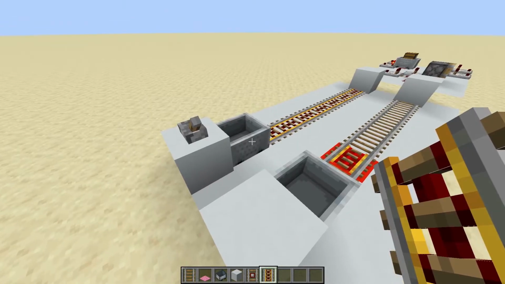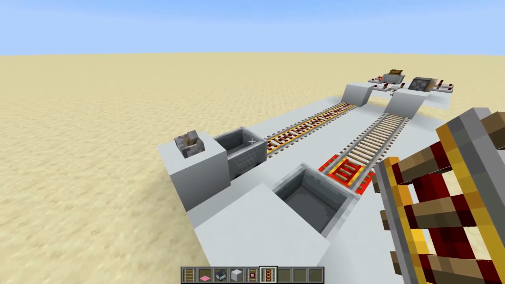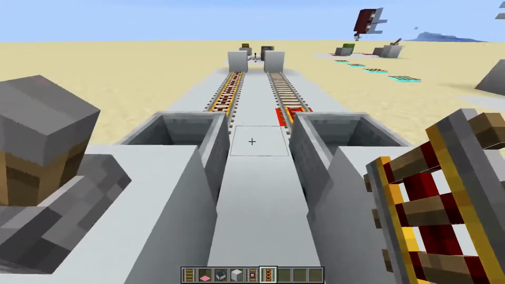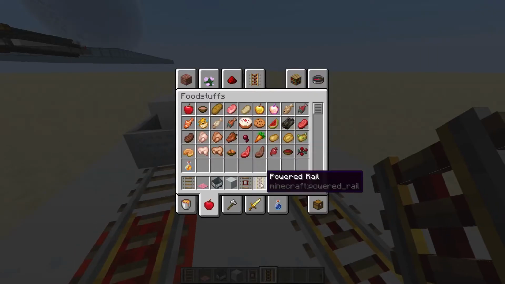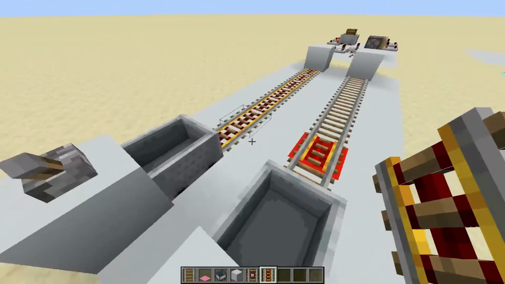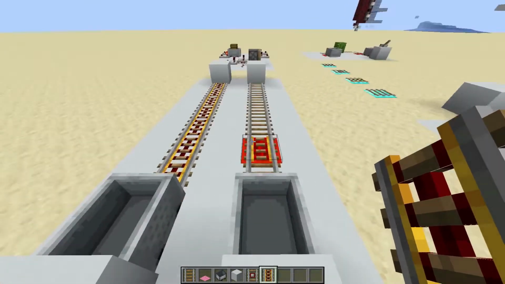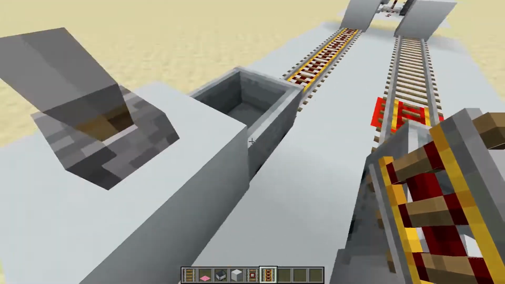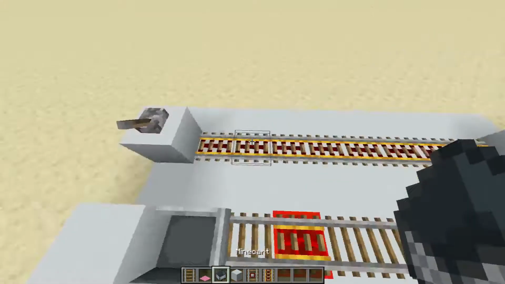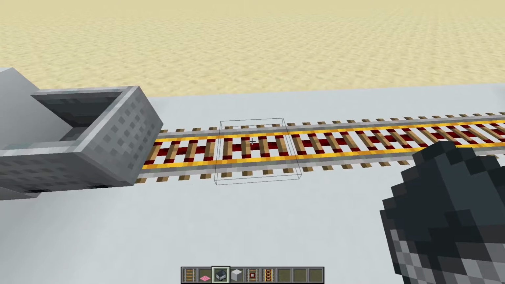This rail actually has quite few features, and it is very simple to use. You may see this very shiny rail and think, what do we do with it? Because it is very common for people to use it in their rail system. Right here you can see a line of powered rails, and it is currently deactivated.